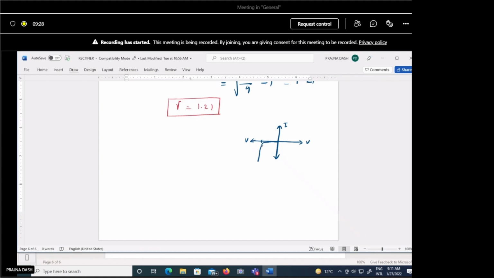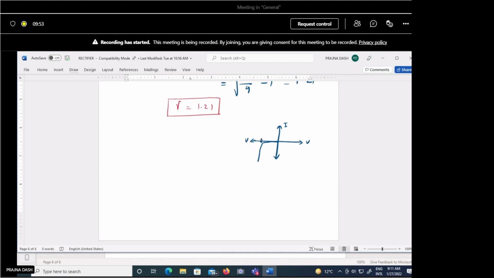Current increasing means the power drop is also very high, P is equal to V into I, so the diode gets damaged. So we have to know the maximum reverse voltage we can apply to the diode, so that according to the capacity of the diode we can apply the input voltage.